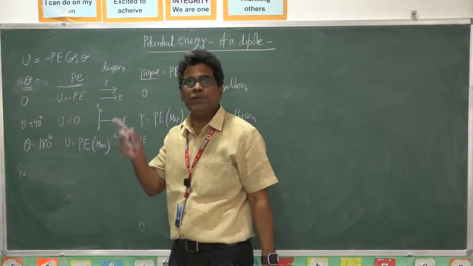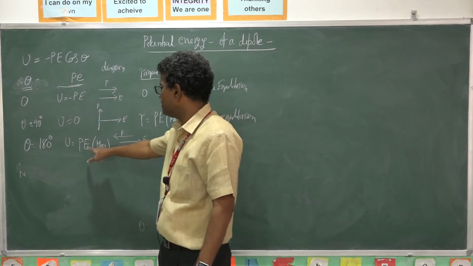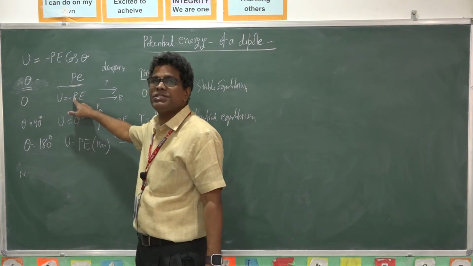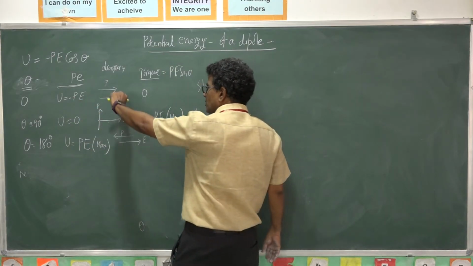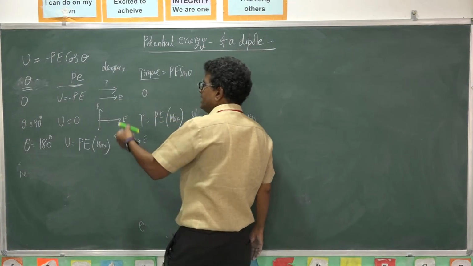The initial potential energy is minus PE and the final is PE. Final minus initial, PE minus of minus PE, you will get 2PE. So the work done to rotate this dipole from 0 to 180 degrees is 2PE, because the final potential energy minus the initial potential energy gives the work done.